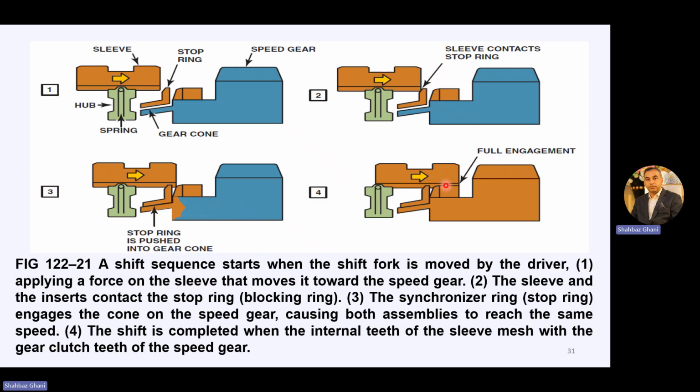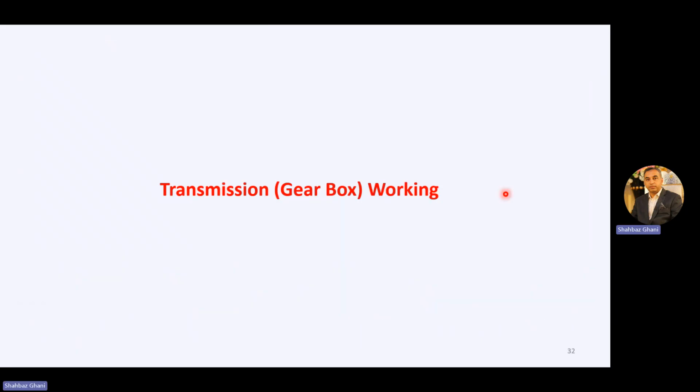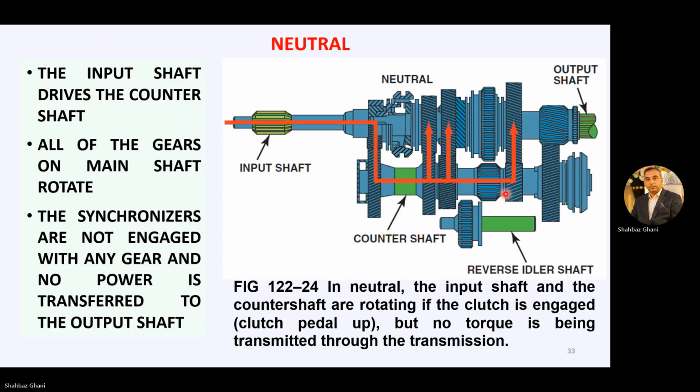So when it is in full engagement, with the internal teeth of the sleeve meshed with the gear clutch teeth, it is fully engaged. So the power is transmitted to this gear. Now let's look at how the transmission box, or the gearbox, works.